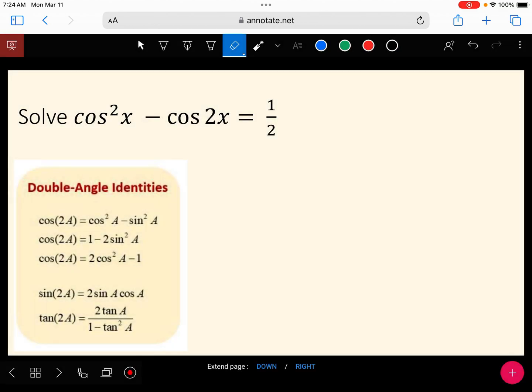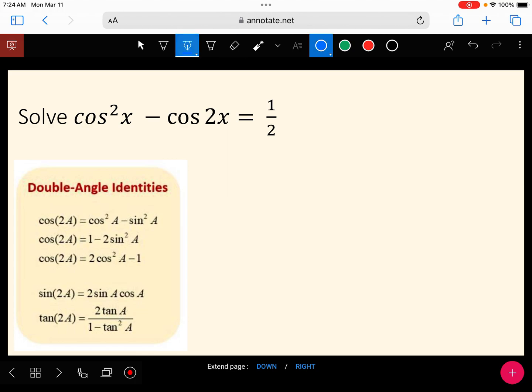Oh, we got another double angle. We got to figure out which one to use. So we got 3 options. I'm going to label them A, B, and C. Actually, I'm going to number it 1, 2, 3.